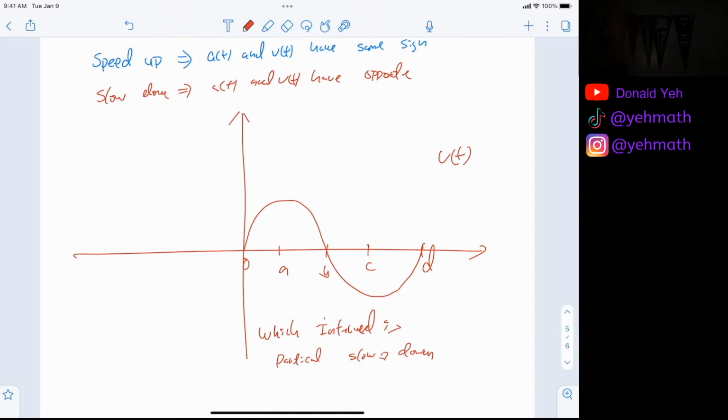When it goes from A to B, it's slowing down, and from B to C, it's starting to speed up, and then from C to D, it starts slowing back down again, until it reverses again.